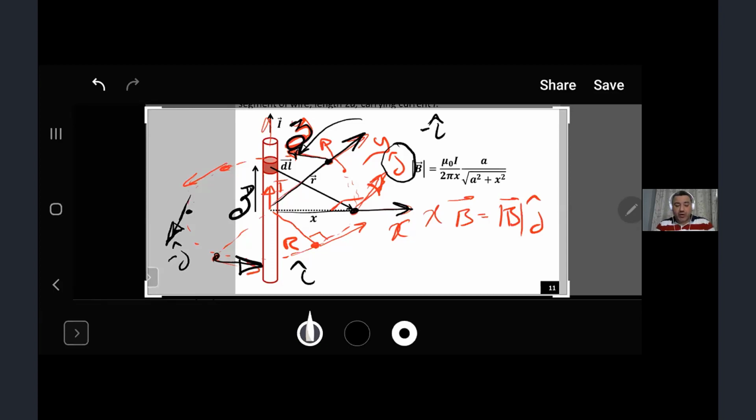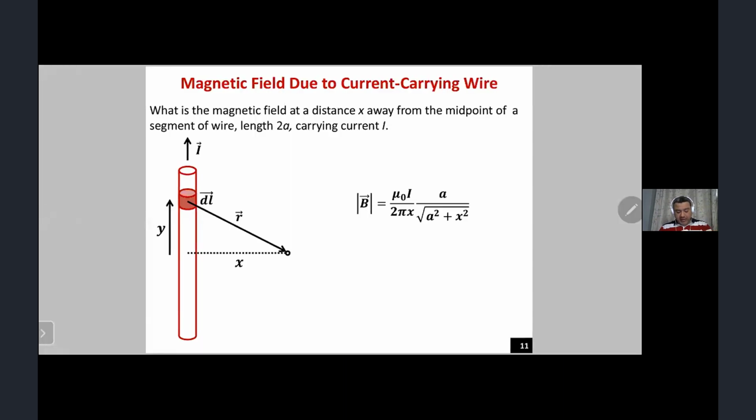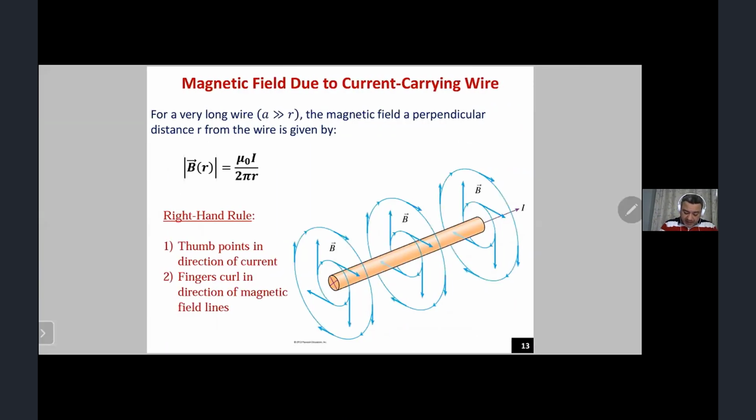So it depends on where that point is that you would like to calculate the magnetic field. The direction of the magnetic field will always be perpendicular to the plane that has the displacement vector and the differential element. We'll see this more in the coming examples. So let's look here at this case where, as you can see, the current is going in this direction.